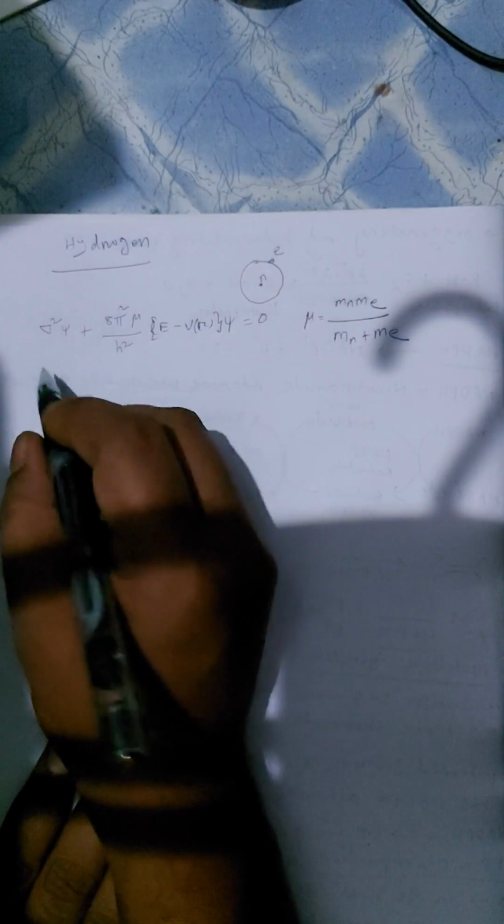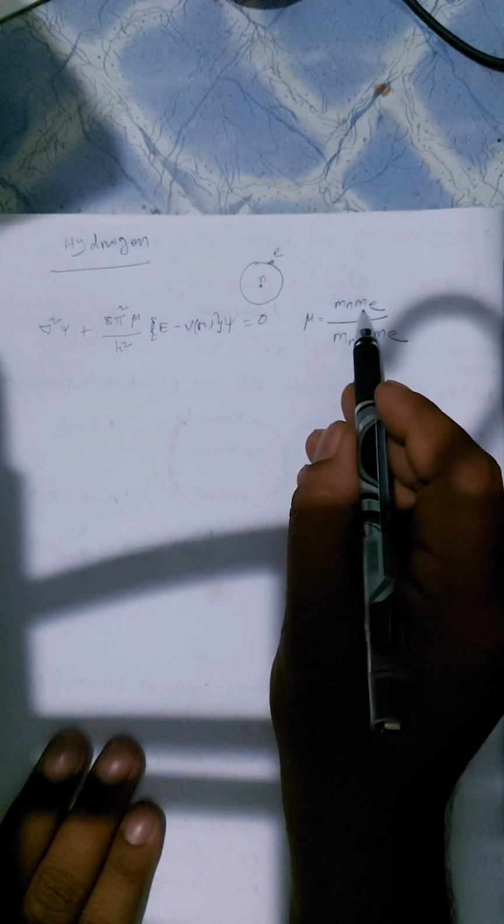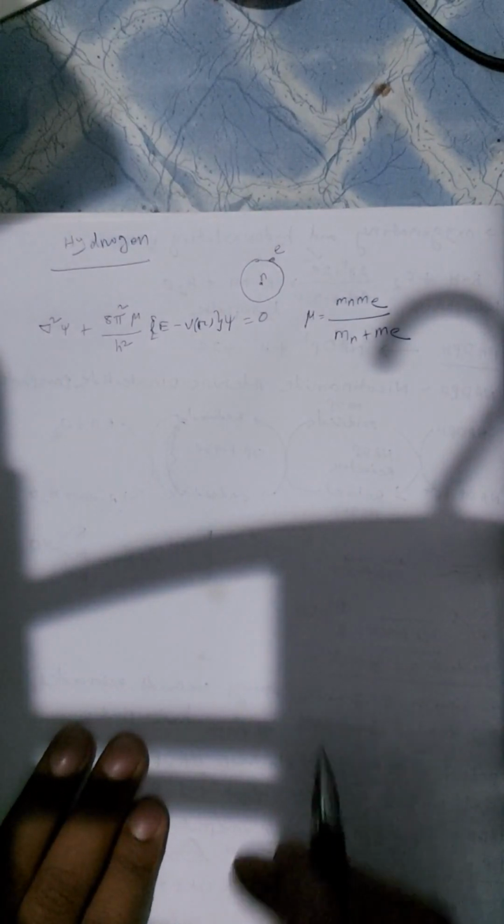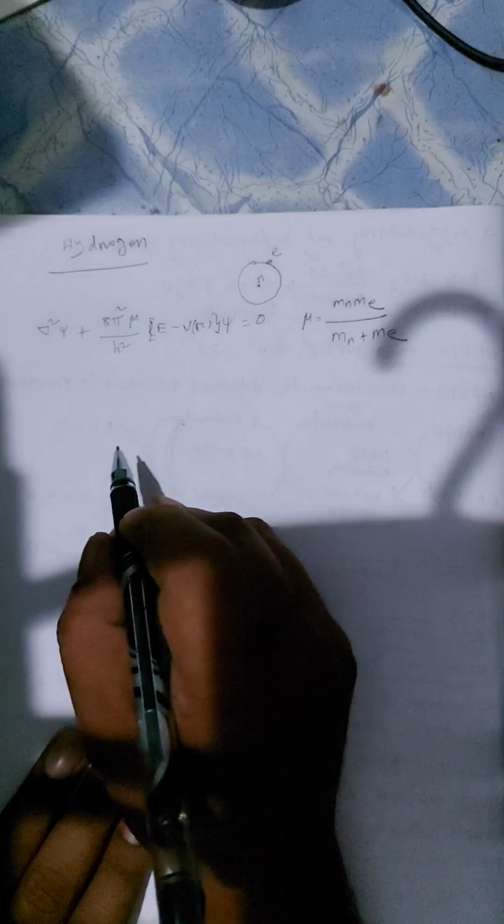Here m is the mass of the nucleus and m is the mass of the electron.